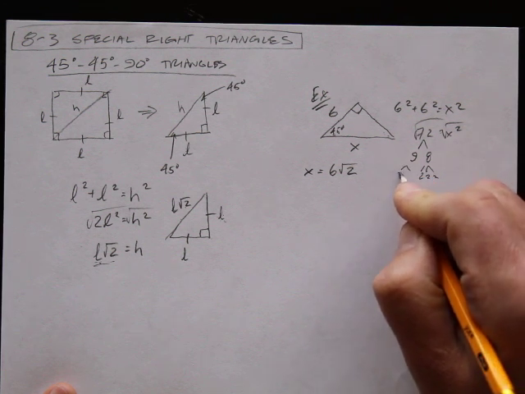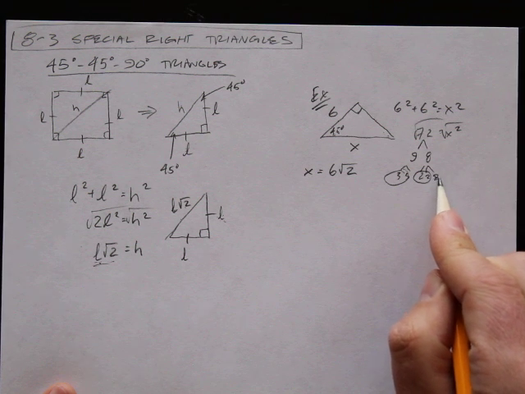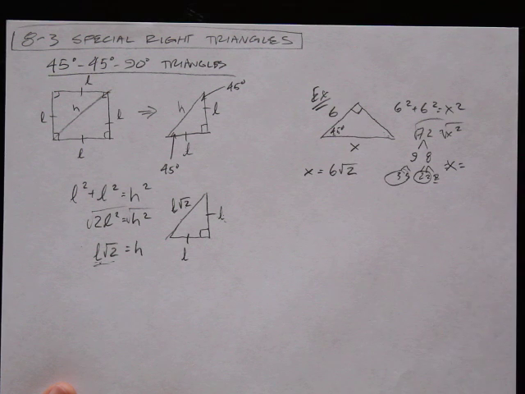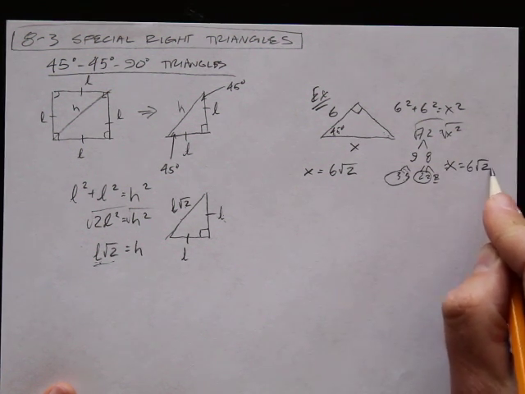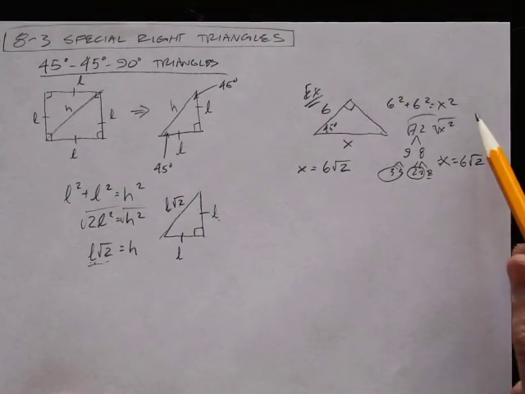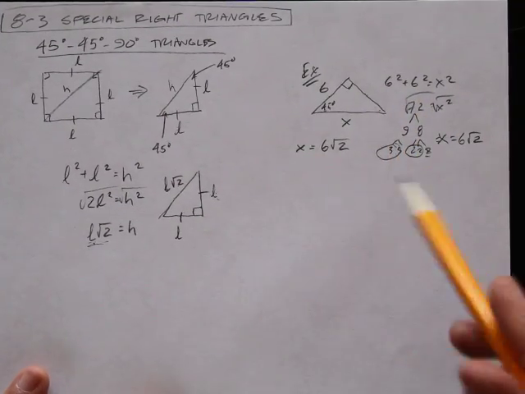And this is 3 and 3. And so I've got 3's I can come out, and a 2 that can come out, and one 2 that's stuck. And so this x equals 3 times 2, which is 6, times the square root of 2, which is stuck in there. So I can do it this way, or I can do it kind of this slick way here. Let's do another example.